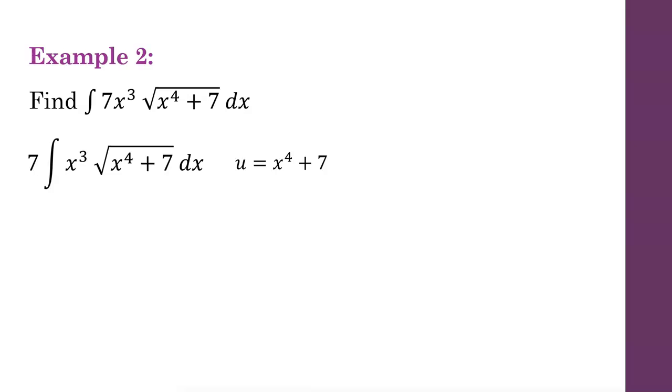And again, to get rid of the dx and the x cubed, I do need to make sure I pay attention to the derivative of u. That means we get du is equal to 4x cubed dx. And that means x cubed dx is going to be 1/4 du.